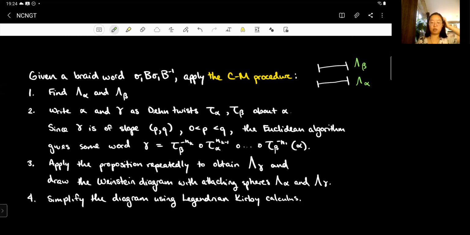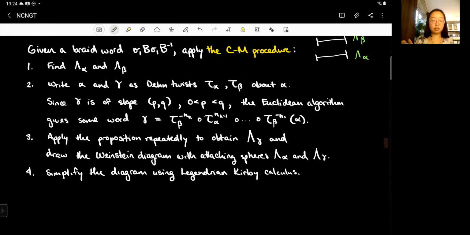So gamma is going to be equal to some sequence of Dehn twists, tau inverse of beta and tau alpha, about the curve alpha. Then we're going to apply the proposition repeatedly to obtain the Lagrangian lift of gamma, and draw the Weinstein diagram, which has the attaching spheres lambda alpha and lambda gamma. Then we're going to simplify the diagram using Lagrangian Kirby calculus.